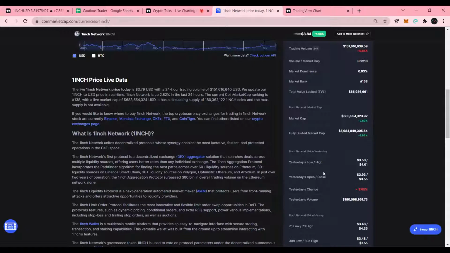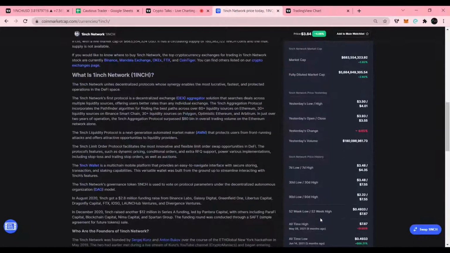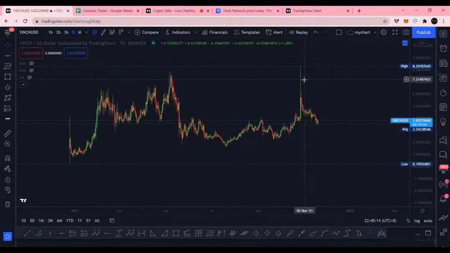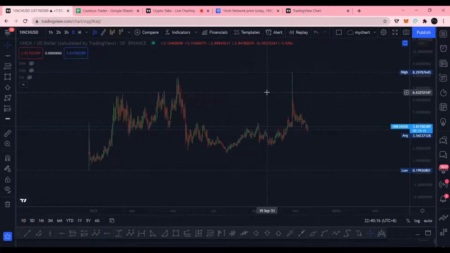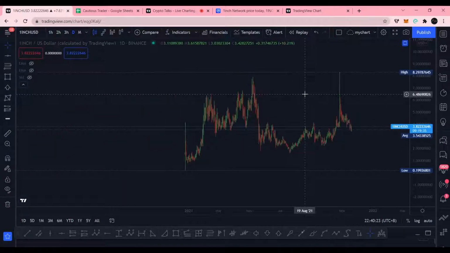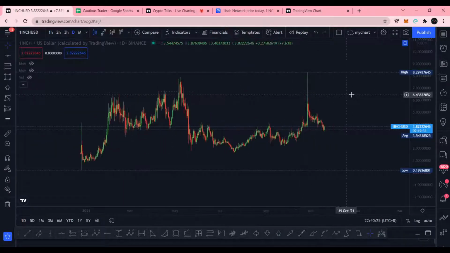Anyway, the all-time high is 787, which is 6 months ago. So I think it's okay to use this one. It's even 8.29 as an all-time high using this chart.